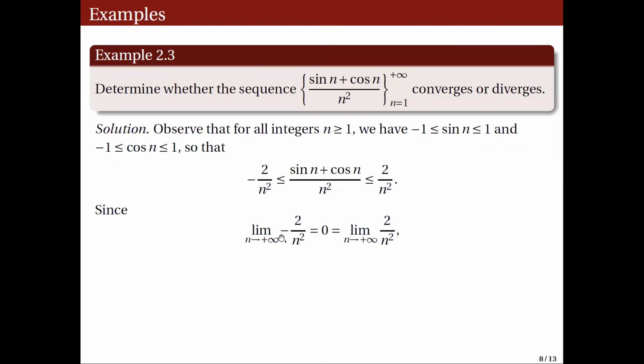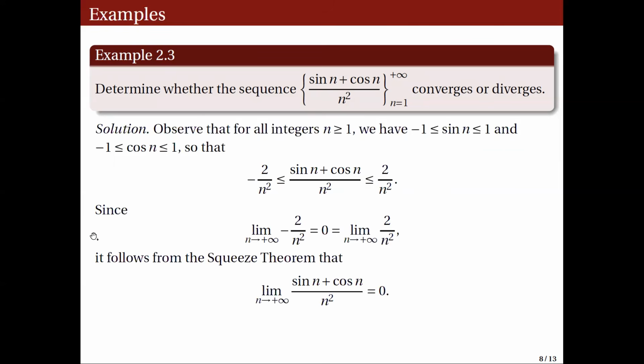Since the limit of -2 over n squared as n goes to infinity is equal to 0, and the limit of 2 over n squared as n goes to positive infinity equals 0 as well, applying the squeeze theorem, we deduce that the limit of the middle sequence here, in this case, sine n plus cosine n all over n squared as n goes to positive infinity, equals 0.